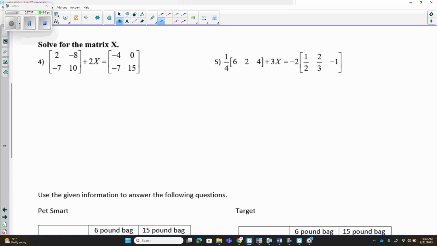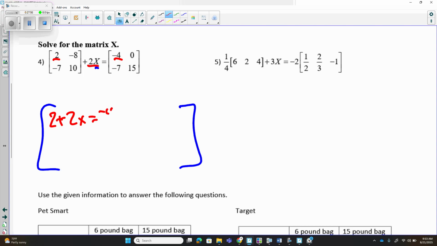All right, so my matrix here is going to end up being a 2 by 2 matrix. You can take 2, 2x, and 4 and write an equation. You can write that as 2 plus 2x is equal to -4. You could also, doing this one, this, and this, write down -8 plus 2x is equal to 0.